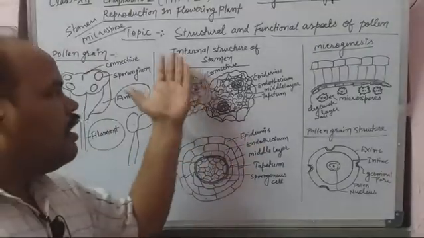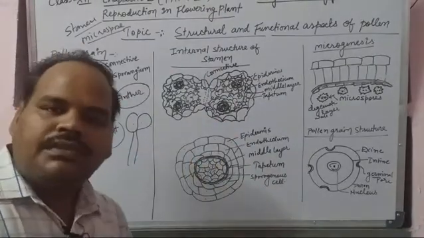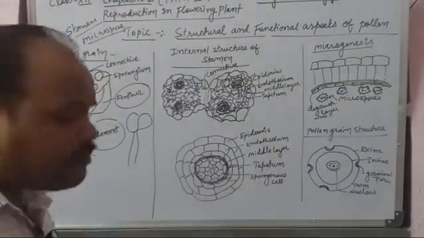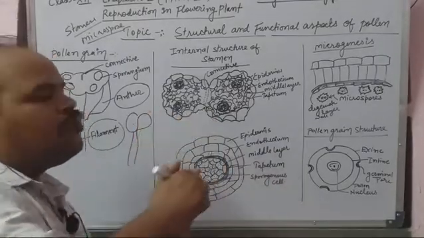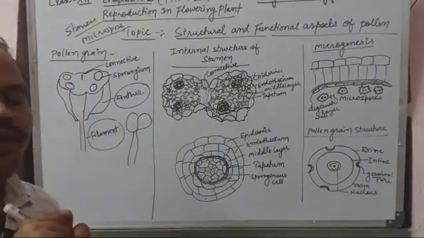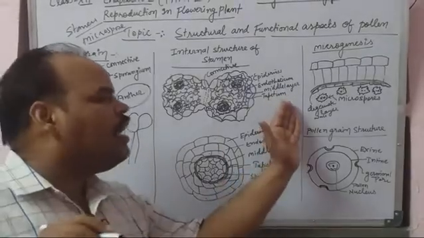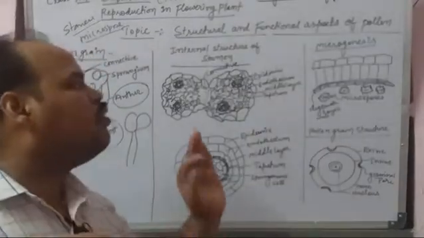So it is the internal structure of a stamen. There are four types of cell layers included in it.